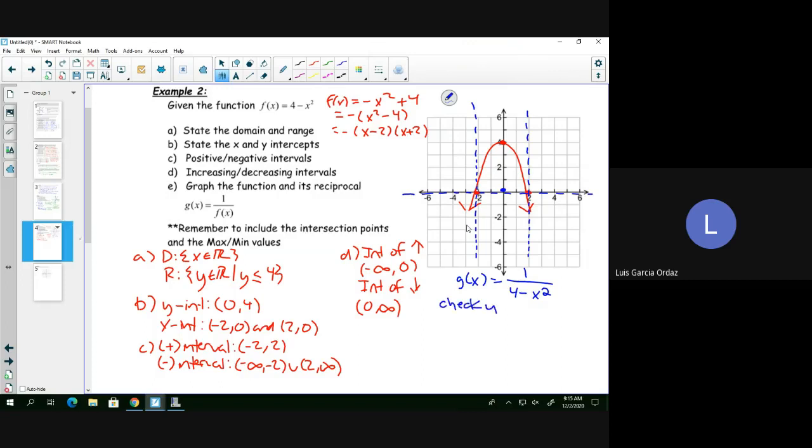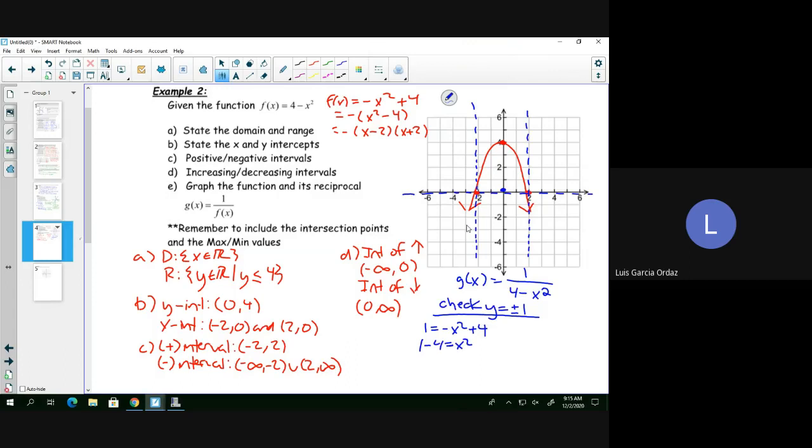So we need to check y is equal to positive and negative 1. We don't need to use the reciprocal. We can just use f of x. So 1 is equal to negative x squared plus 4. Okay? So we move the 4 over. 1 minus 4 is equal to negative x squared.